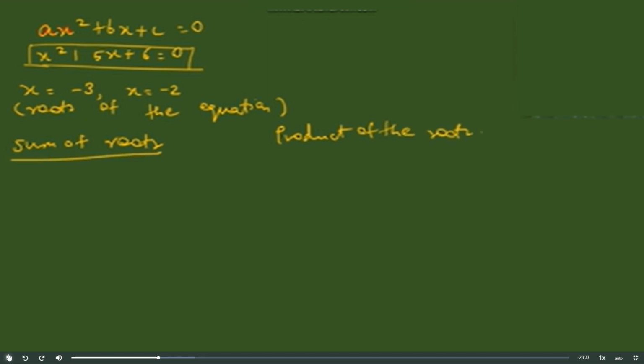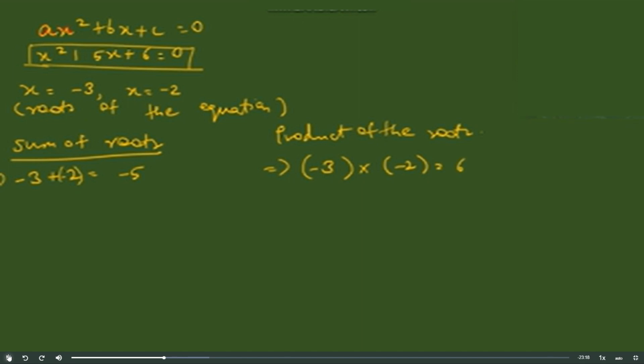Sum of the roots is minus 3 plus minus 2, which is minus 5. Product of the roots is minus 3 into minus 2, which is 6.